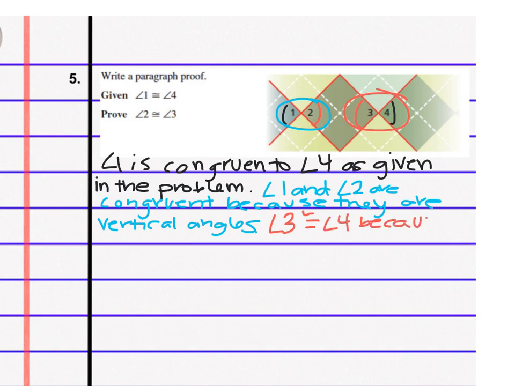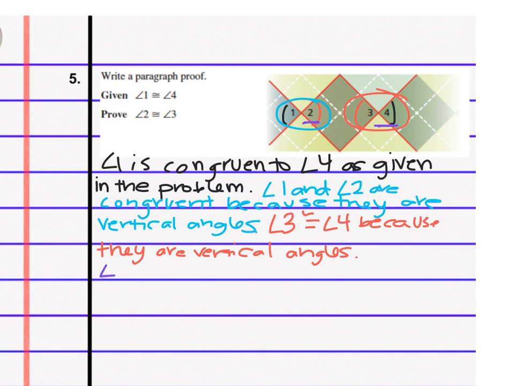So we know 1 and 4 are congruent. We know 1 and 2. We know 3 and 4. Then we can say, in a different color here, we can say that 2 and 4 are congruent using the transitive property.